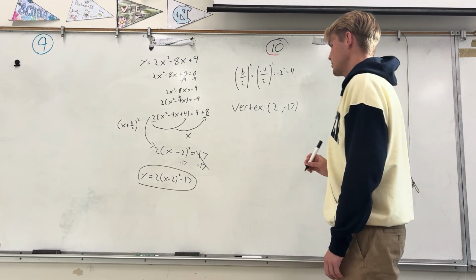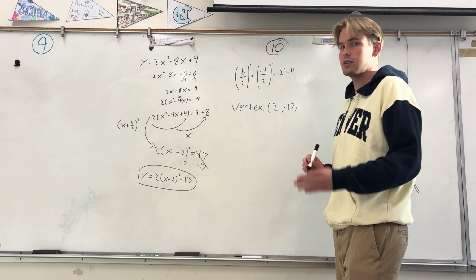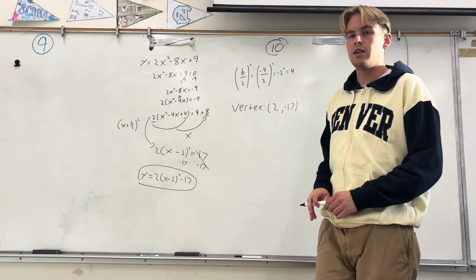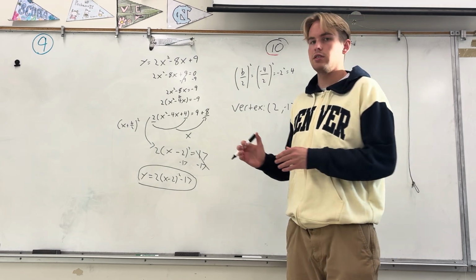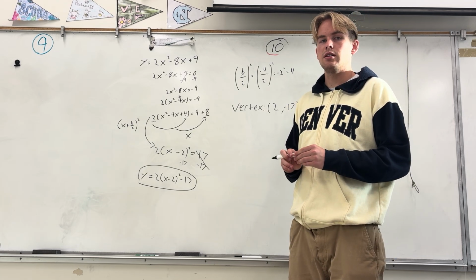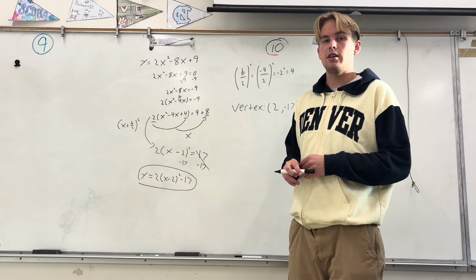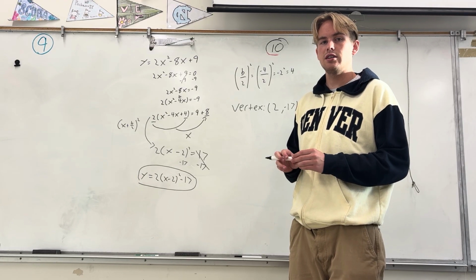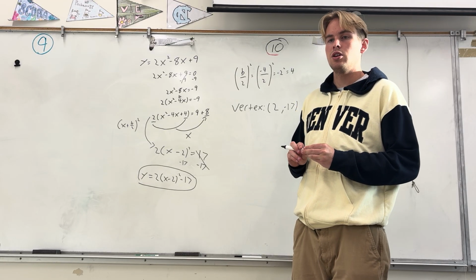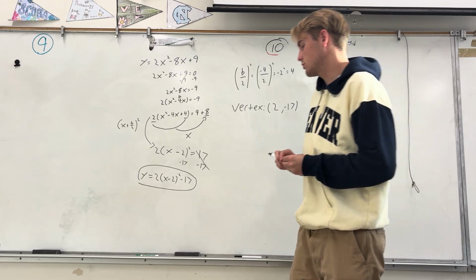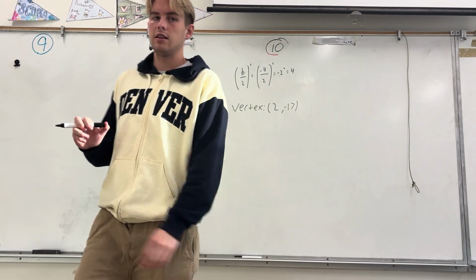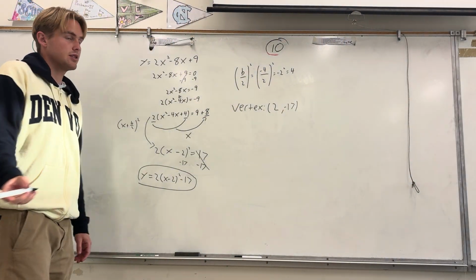Now, the transformations. There's 4 types of transformations that we've talked about, and that is moving to the left or right, up and down, the reflections, does it flip, and lastly, is the graph skinnier or is it wider? So, the last 2, first off, does the graph flip? Is there a reflection?